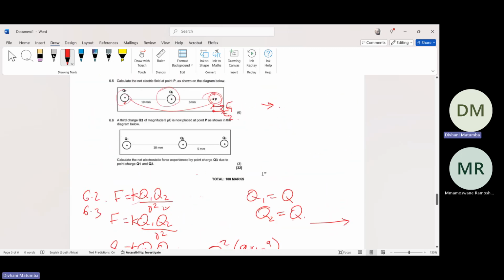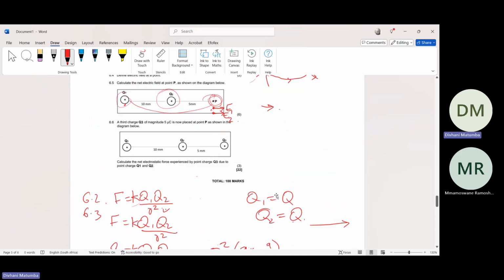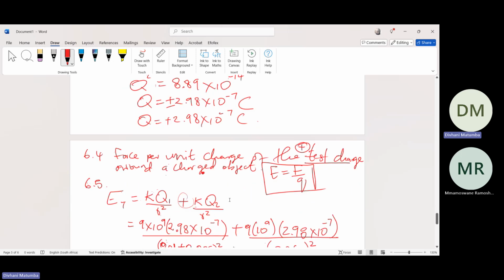Do you agree that in both interactions the electrostatic force due to Q1 will be in that direction, and also the force due to Q2? Yes, I agree. So both of them will be a plus.